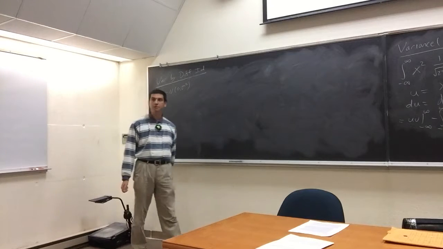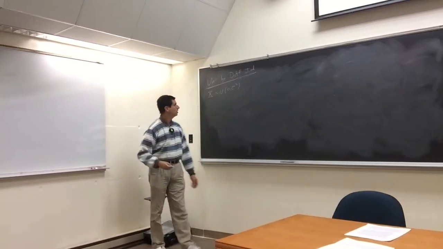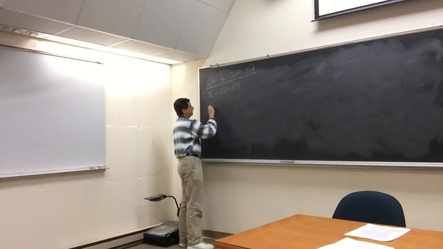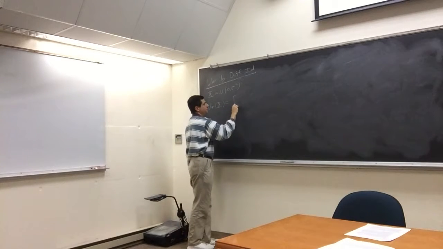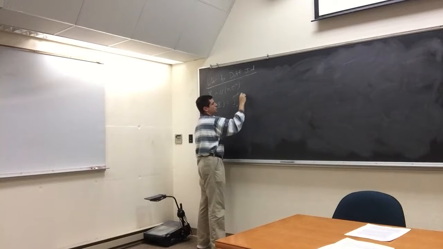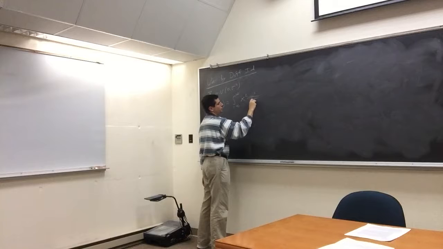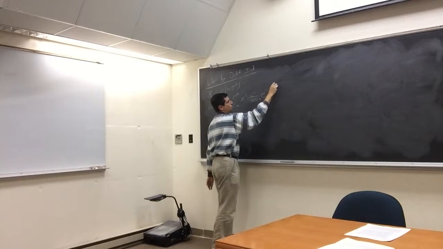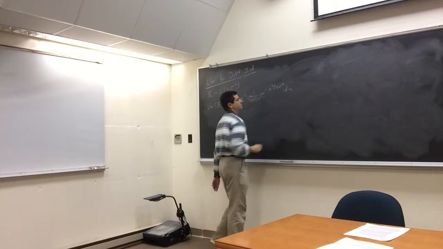So even if we only care about the standard normal, we have to look at a whole family of densities. Okay, so what we want to do is calculate the variance. So the variance of x would be the integral from minus infinity to infinity of x squared times 1 over square root of 2 pi sigma squared e to the negative x squared over 2 sigma squared dx.